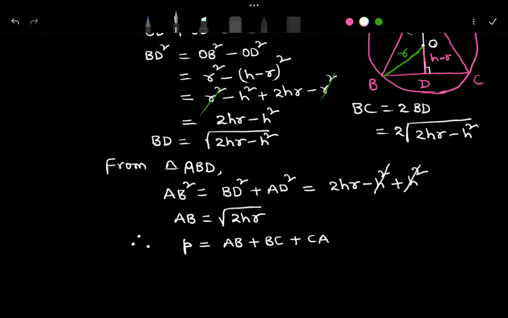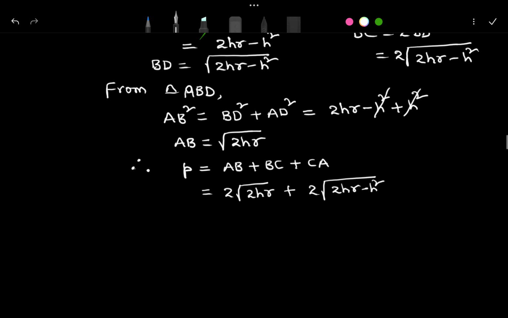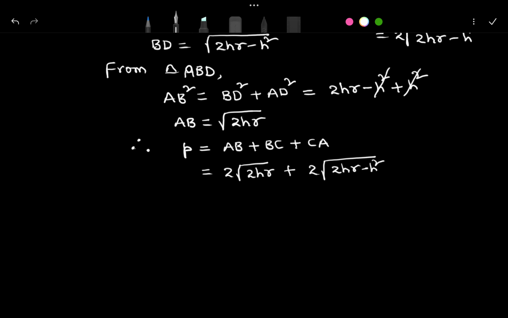So P equals 2 into root of 2h into r plus BC value, which is 2 into root of 2h into r minus h square. This is the perimeter.